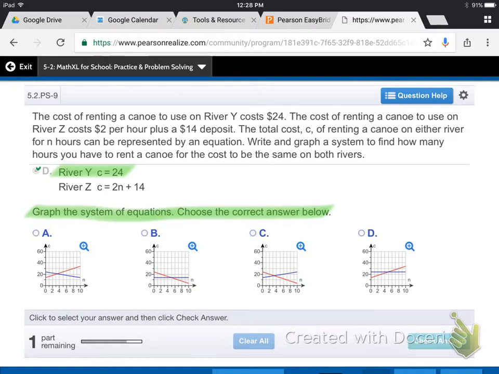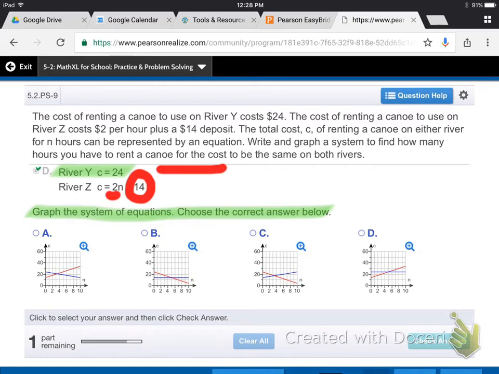It's not changing, it's constant at 24. So that line is going to be a straight line right at the point y equals 24 and just going straight across like this. And then this line is going to be starting at y equals 14 with a slope of 2. And so let's figure out what that looks like.